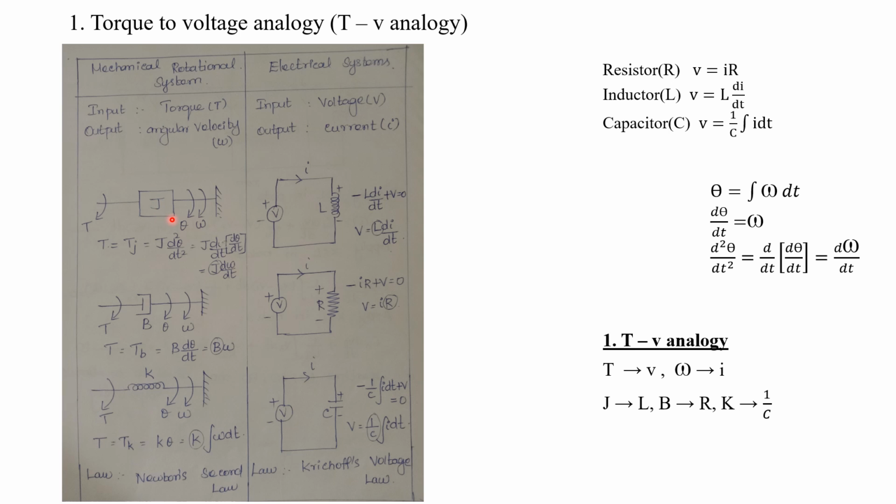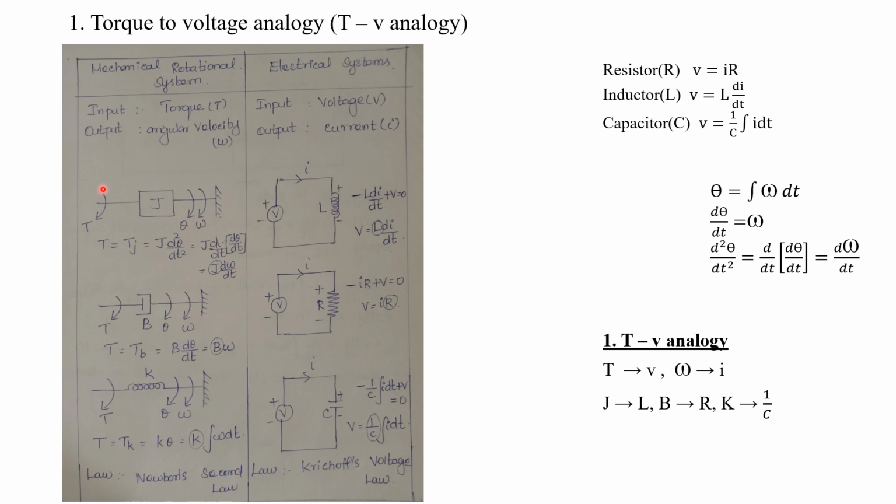We are considering an ideal moment of inertia of mass which is having negligible friction as well as negligible elasticity, that we know. So due to this moment of inertia of mass, there will be a single opposing force for this mass. This mass will be connected to a fixed surface at one end, as well as the other end of this mass will be free.